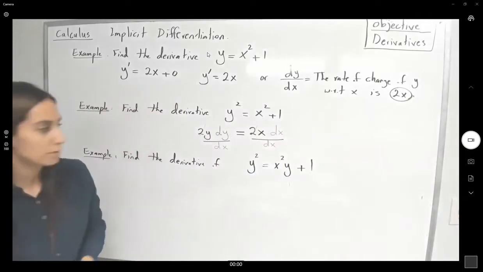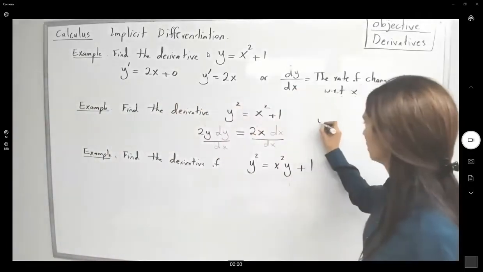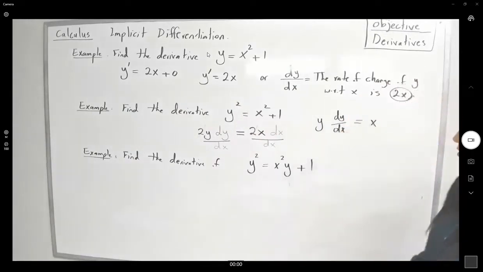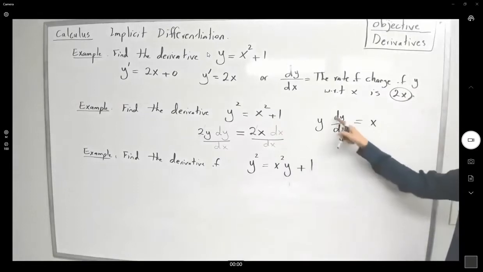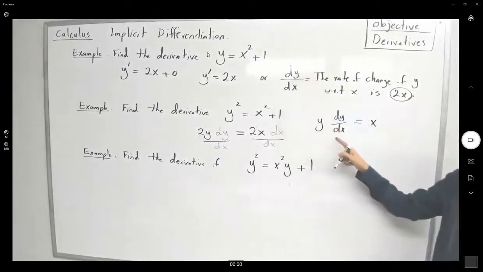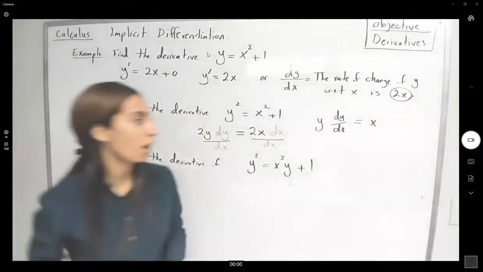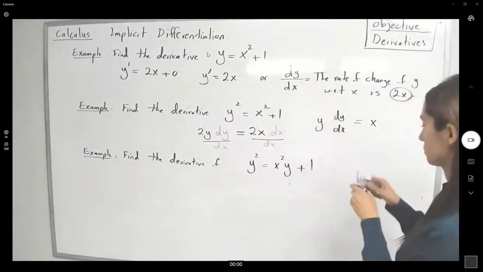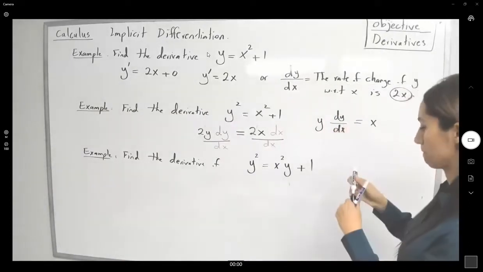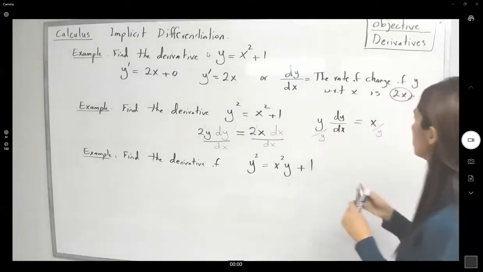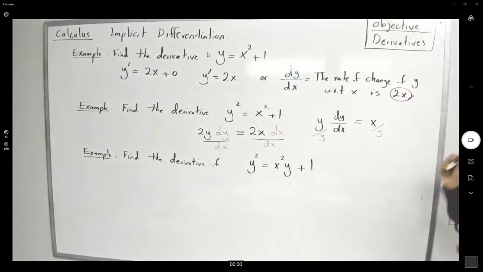So it's going to be y dy over dx equals x. Now I need to isolate dy over dx on one side. By dividing everything by y, we can have that isolated on one side. So dy over dx, or the derivative, is equal to x over y.